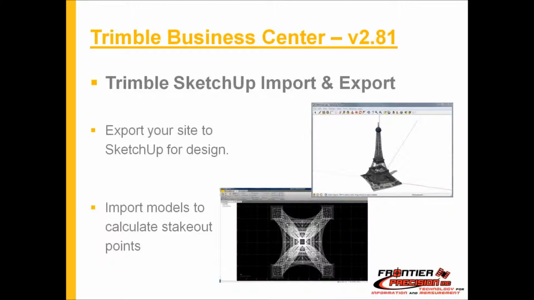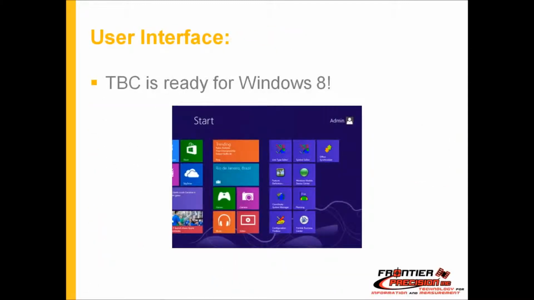A couple of things you can do is export your site design out of TBC, as you can see here, and import it into SketchUp and do your 3D SketchUp designs on top of the site design, as well as take your 3D models from SketchUp and import them into TBC and calculate stakeout points. And I'll show you an example of that when we get through this little slideshow here.